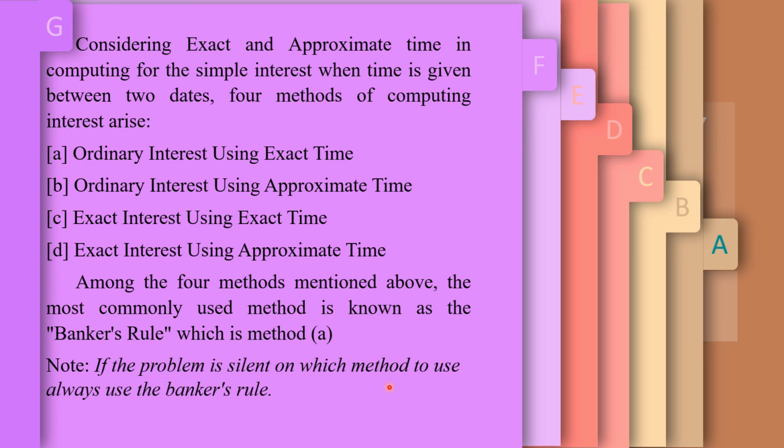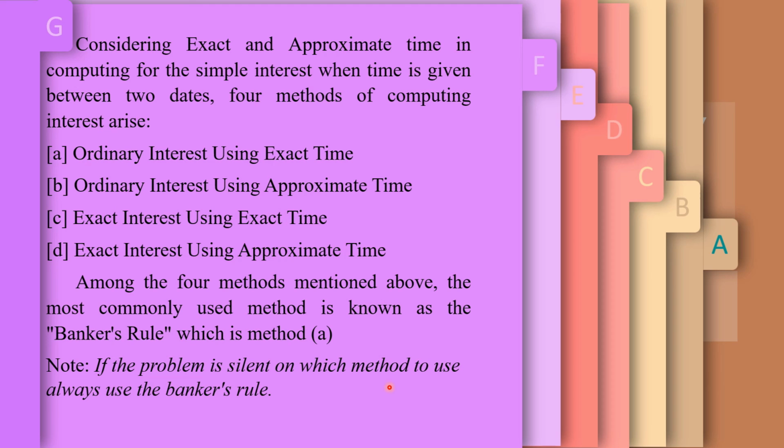Considering exact and approximate time in computing the simple interest when time is given between 2 dates, 4 methods of computing interest arise. Computing ordinary interest using exact time, computing ordinary interest using approximate time, computing exact interest using exact time, and lastly, computing exact interest using approximate time.